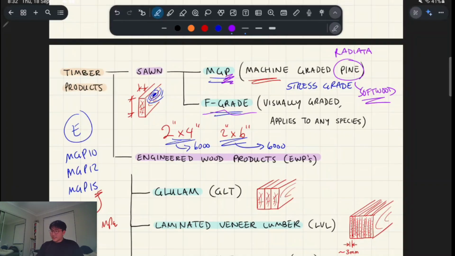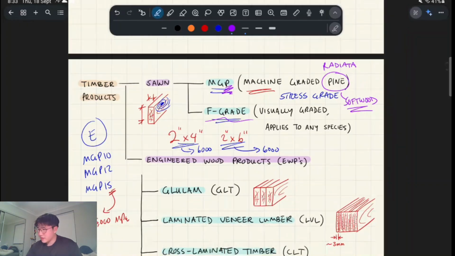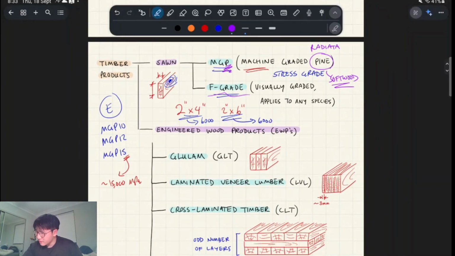Now, F-graded timbers are visually graded, so you literally have a timber expert come in, and he inspects for any knots and uses his engineering judgment to grade any species of wood. He identifies what type of wood and can give it some kind of grade. And this follows a different system, essentially. There's also another one called A grade, I think.